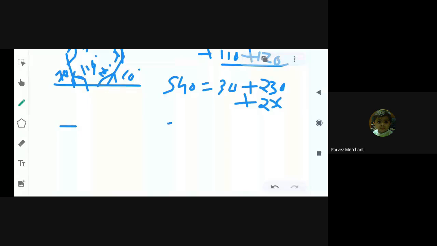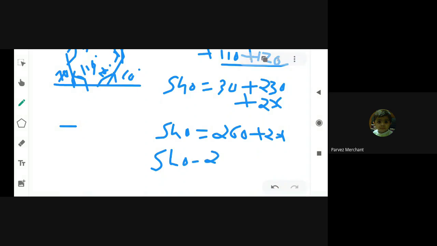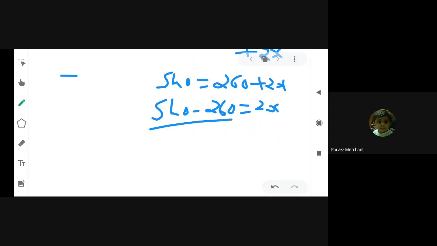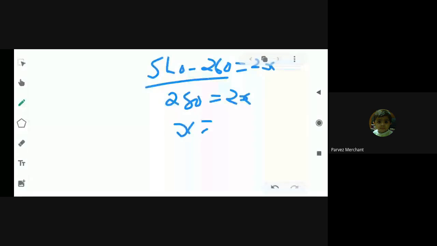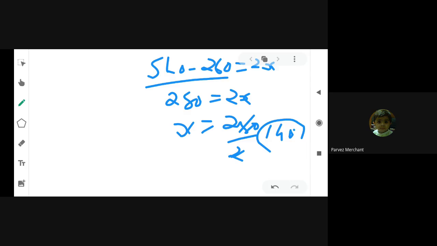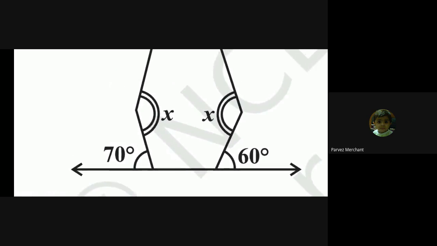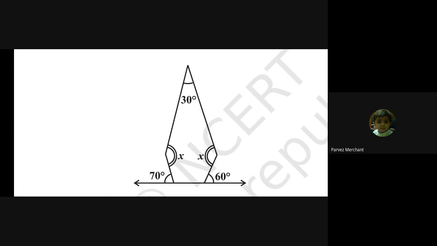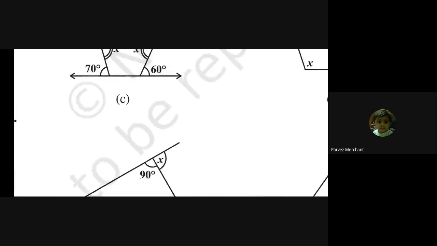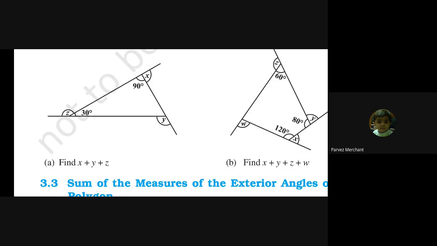So 540 is equal to 260 plus x. Now we subtract 260, so 540 minus 260 means 280 is equal to x, and x is 140 degrees. So in this question, we find the value of x as 140 degrees. Now please see the rest of the questions.